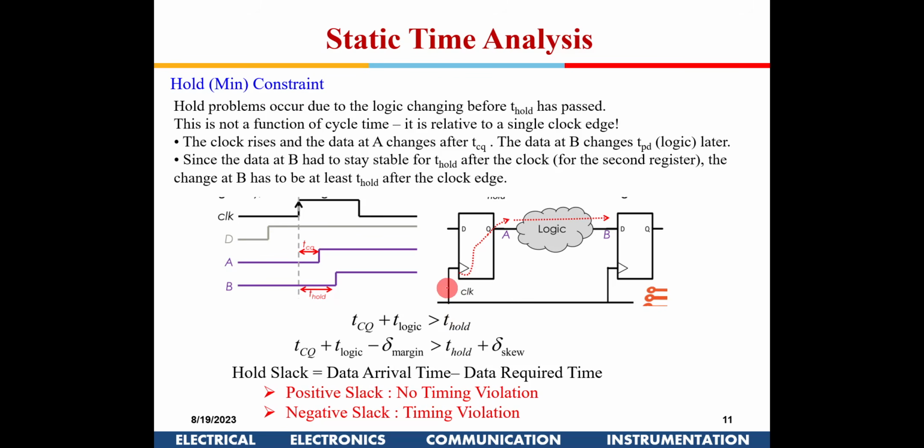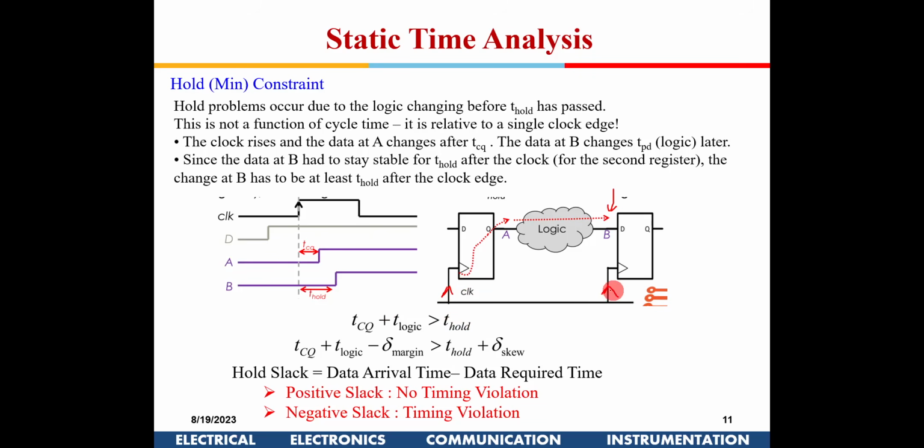Now, because I am giving a clock here and a clock here, this data is coming from here to here to here. So this data should not change at B till my hold time expires. Correct? So it has nothing to do with the clock, with the same clock edge.